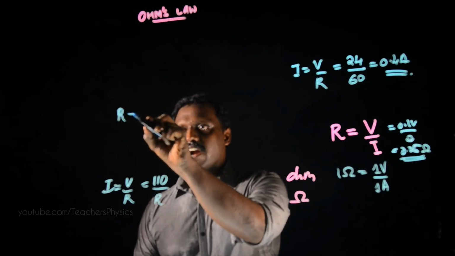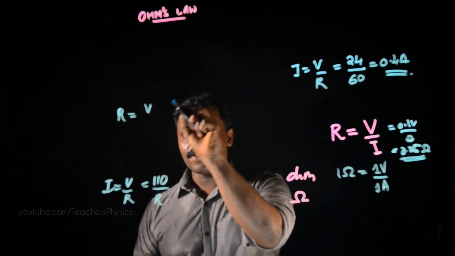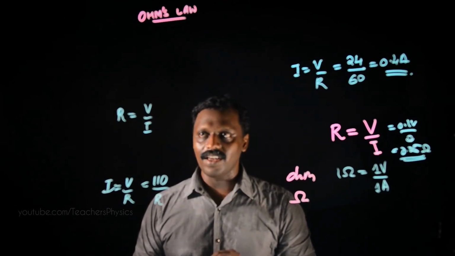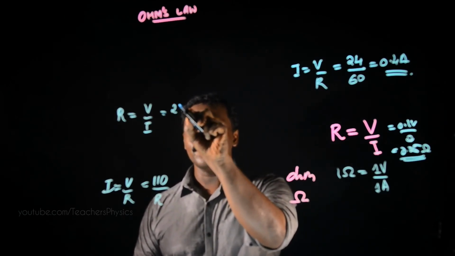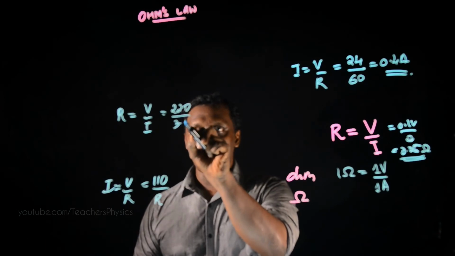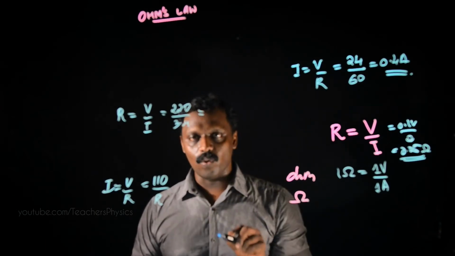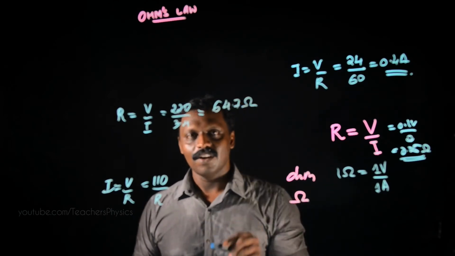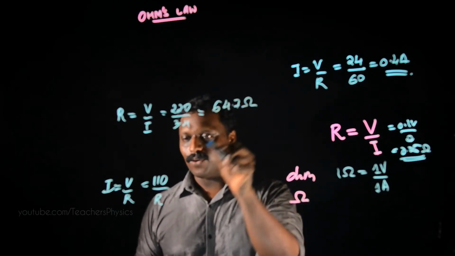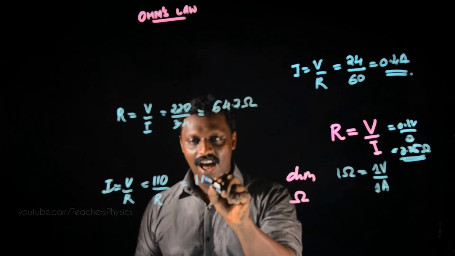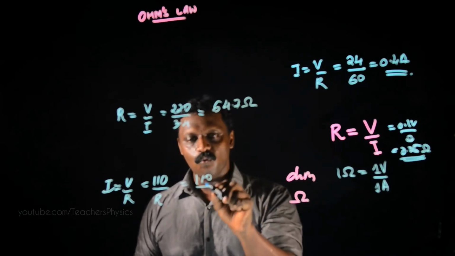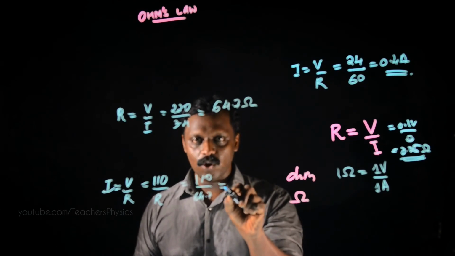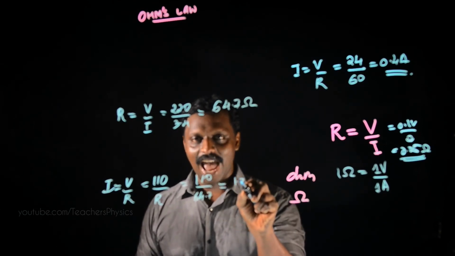So R is equal to V over I. So R is equal to 220 divided by 3.4, which is equal to 64.7 ohm. Now making use of this value in the given equation, we have I is equal to 110 divided by 64.7, which is equal to 1.7 ampere.